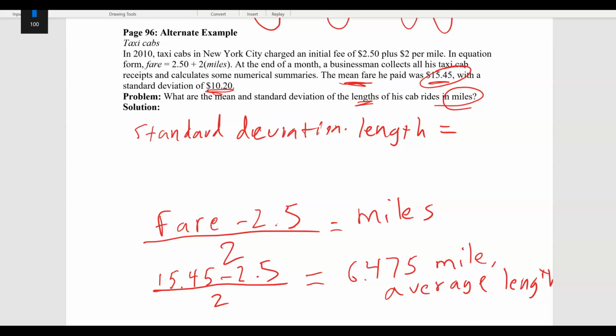Remember, if we subtract the same number from anything, it doesn't change spread. So I'm going to take my $10.20, which is the standard deviation in fare, and all I got to do is divide that by 2 to get back to the standard deviation of length. So I think that's going to be 5.1 miles is the standard deviation of length.